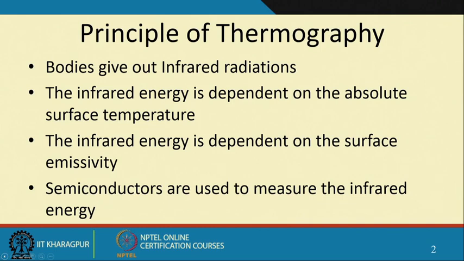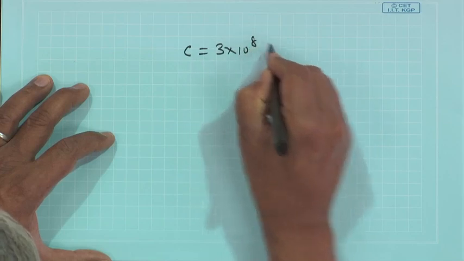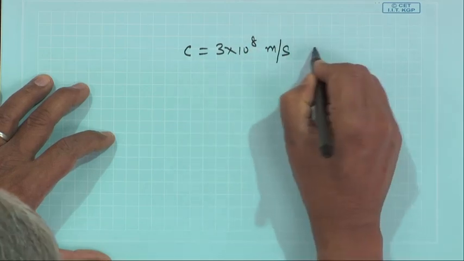thermography. So, the principle of thermography is that bodies actually give out infrared radiation. These are electromagnetic radiations, like visible light, which has a wavelength anywhere from 4000 to 7000 angstroms. And by the way, visible light or electromagnetic waves travel at the speed of light, 3 × 10⁸ meters per second.